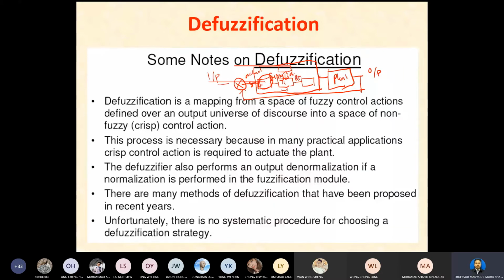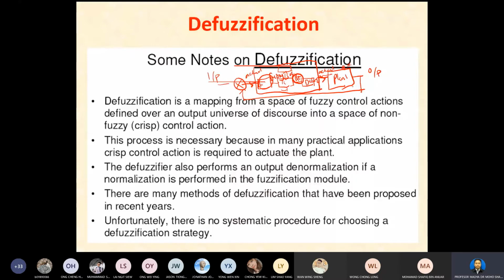The output for fuzzy is the B total. Then we have to convert back to the actual value, which goes to our plant or our system. That's why the function of defuzzification is to convert from the fuzzy set or fuzzy value to the actual value. The B total that we calculated, that we drew before, we convert into the actual value. What is the actual value? For example, we put some Z value here.